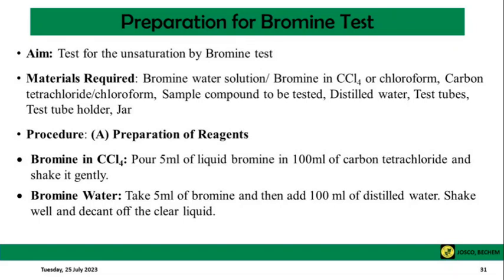For the other one, you take 5 ml of bromine and add 100 ml of distilled water. You then shake it very well, after which you decant the clear liquid. I hope you get the difference. Very good. Now let us move on.